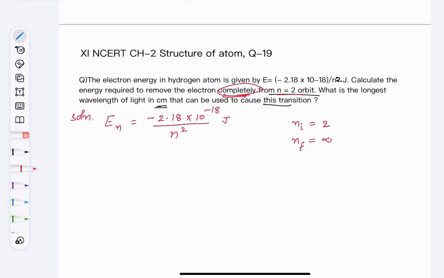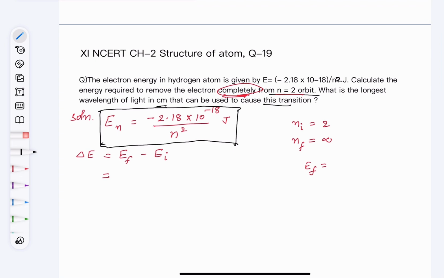Fine. Now you need to calculate the energy. So let us find the difference of the energies: the energy at the final state minus the energy at the initial state. So EF, that is the energy at the final state, can be written using the formula I have just now brought to your notice.